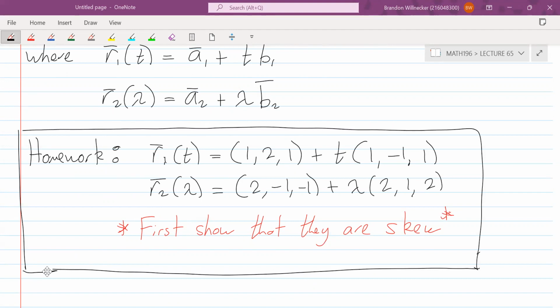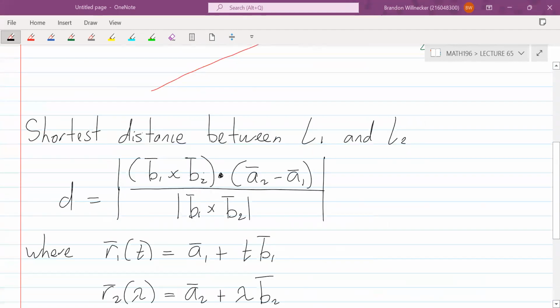Okay, any questions about what we've done today? Any questions about the homework? Okay, so tomorrow we will go over how we get this formula, and then we'll do a couple more examples.